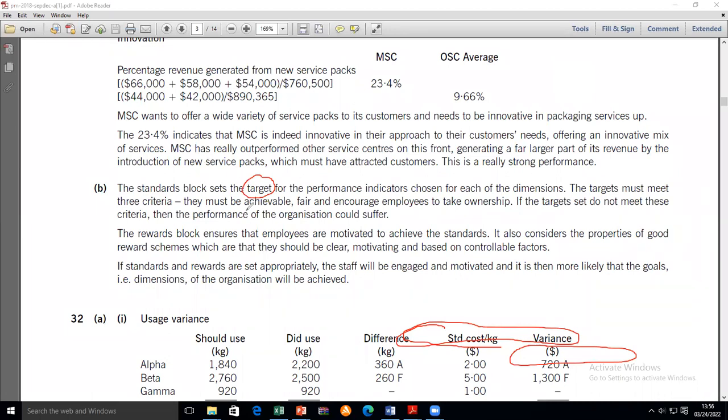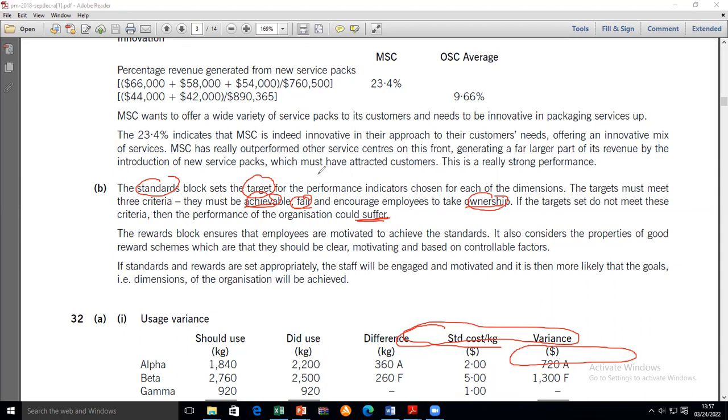A good target should be achievable, it must be fair, and it must support ownership. If the targets set do not meet these criteria, then the performance of the organization could suffer in the service industry.